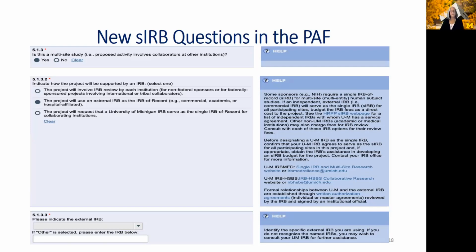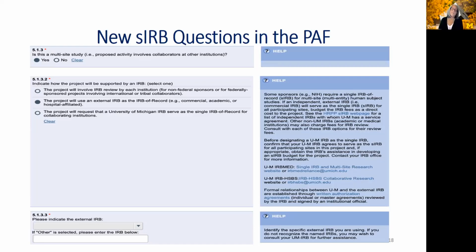And you'll see that there will be a question about, is this study a multi-site study, meaning that it involves collaborators at other institutions? And if the answer to that is yes, investigators are asked to identify what their expectation is as far as that relation goes: that the project will be reviewed at each institution, the project will use an external IRB of record, or the project will request that the University of Michigan serve as the single IRB.